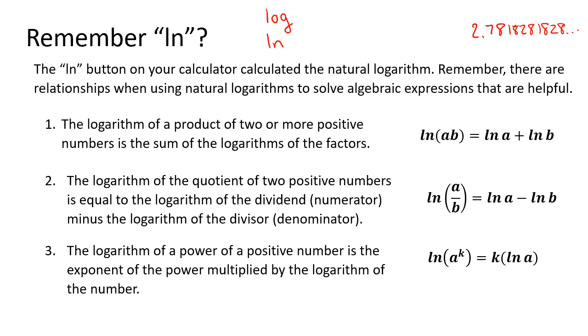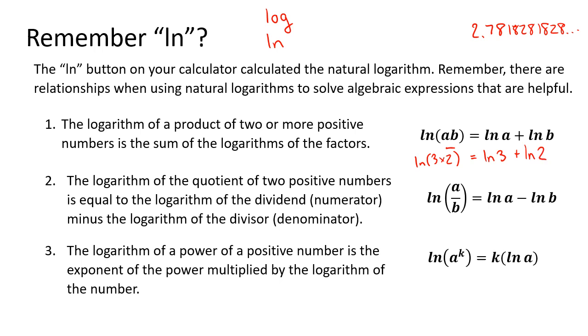So this was back in the first course, our course last term, and there were three really important rules. The first one was if you had two items that were a product of each other, an example could be ln of 3 times 2. That was the same as ln 3 plus ln 2.